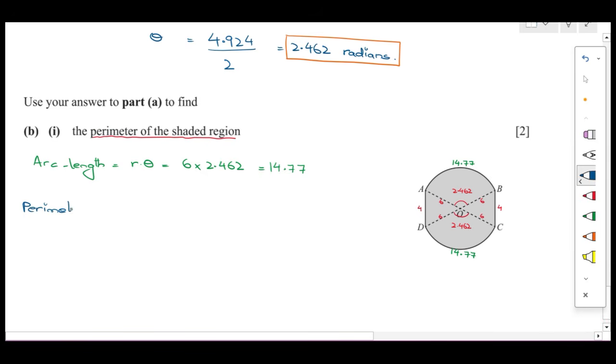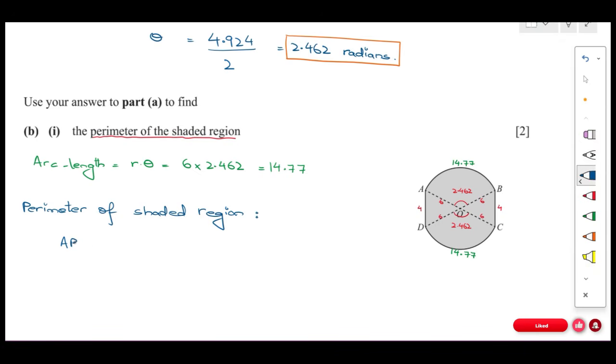Now we can easily figure out the perimeter. The perimeter of the shaded region equals the arc length AB plus BC plus the arc length CD plus DA. So this is 14.77 plus 4 plus 14.77 and then plus 4.